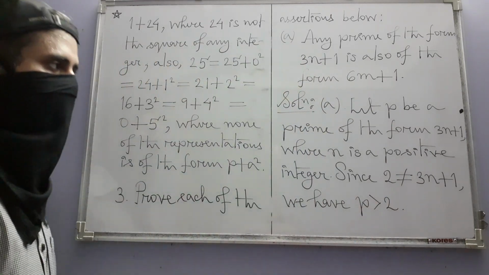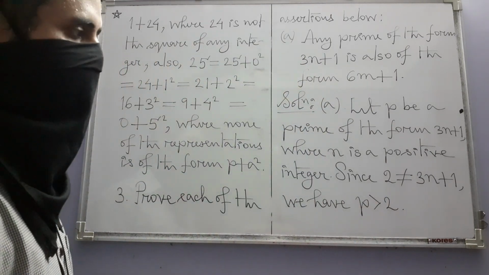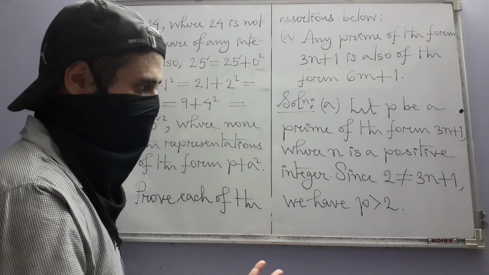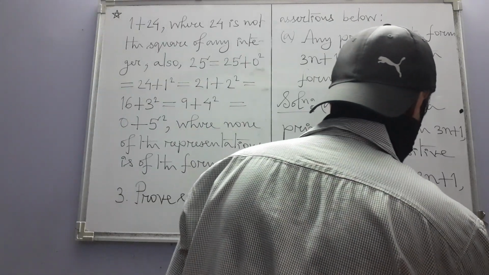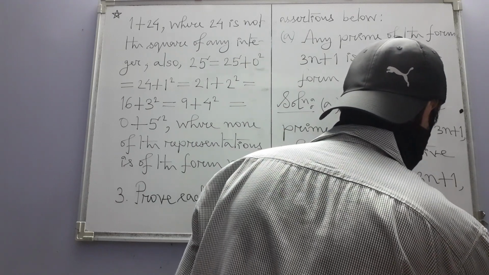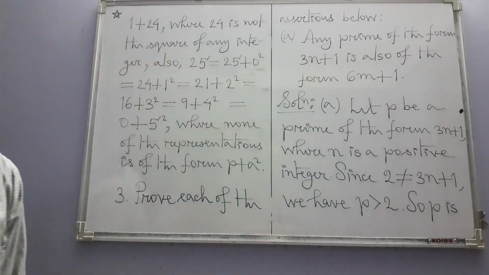So p is not equal to 2. P is a prime, but it's not 2. But 2 is the only even prime, so that means p has to be odd. So p is odd.